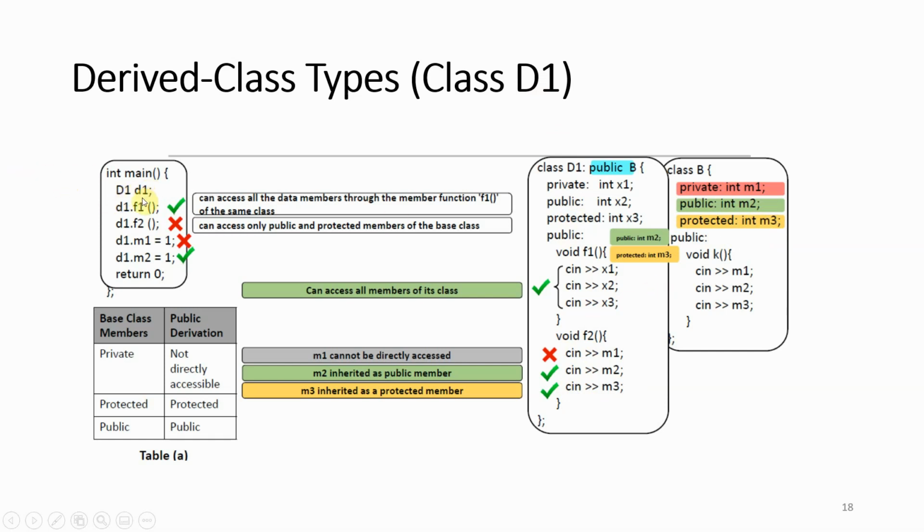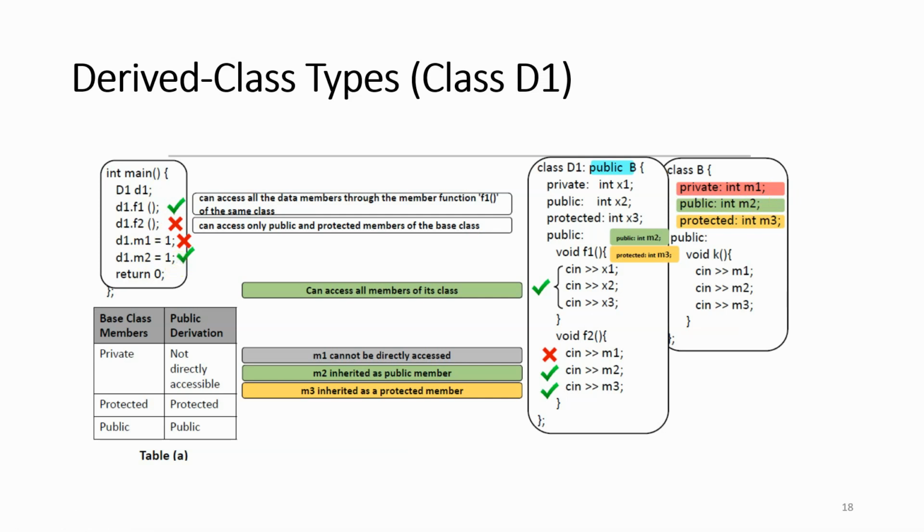If we instantiate an object of class D1, we can call D1.F1, that's fine. D1.F2 is going to give us an error because of this line. D1.M1 is not okay because this is private. D1.M2 is okay because this is public.